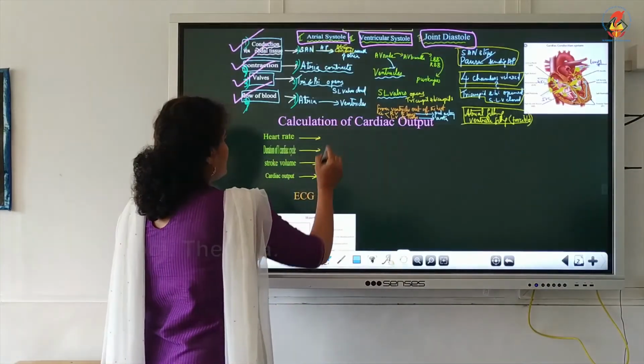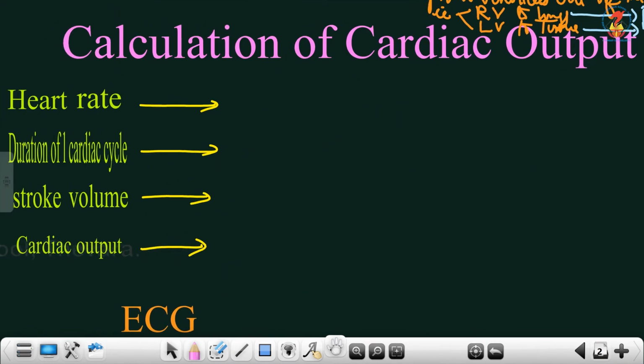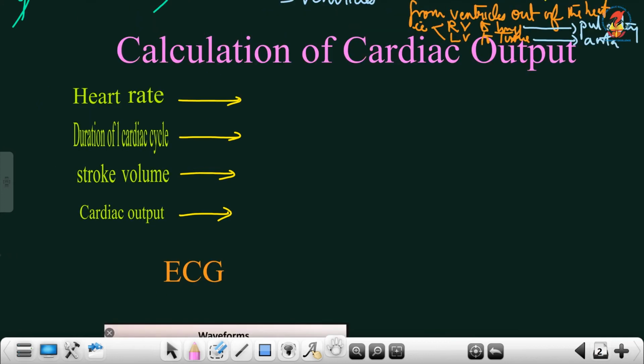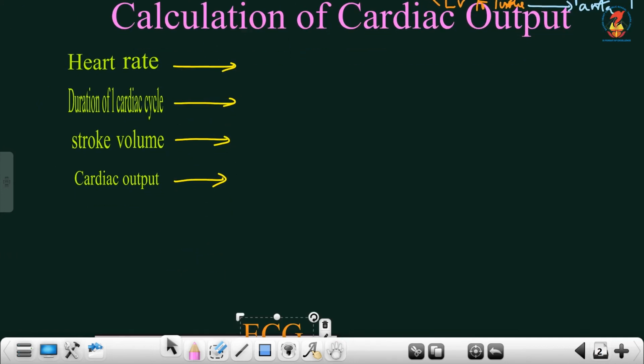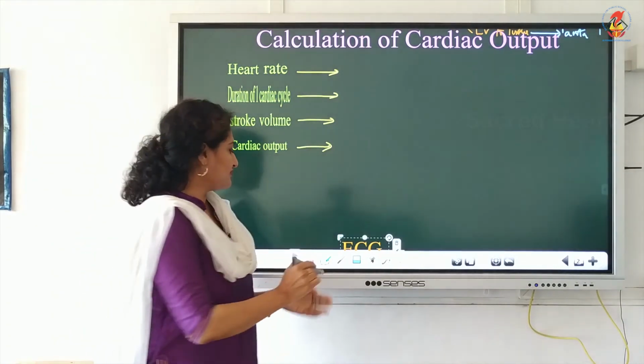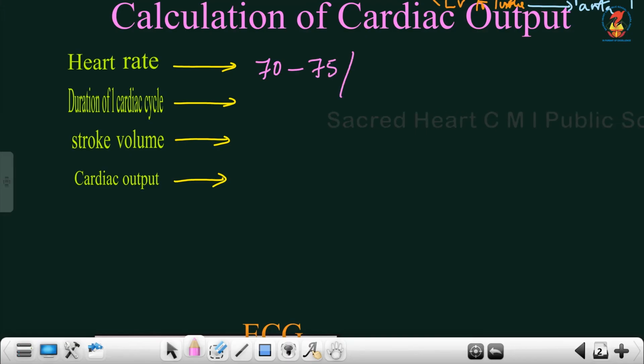Next, we are going to calculate the cardiac output. So, how to calculate the cardiac output? To understand that, we have to learn certain parameters. Heart rate, the number of times a heart beats, is nearly 70 to 75 times per minute. So, on an average we take 72 times per minute.